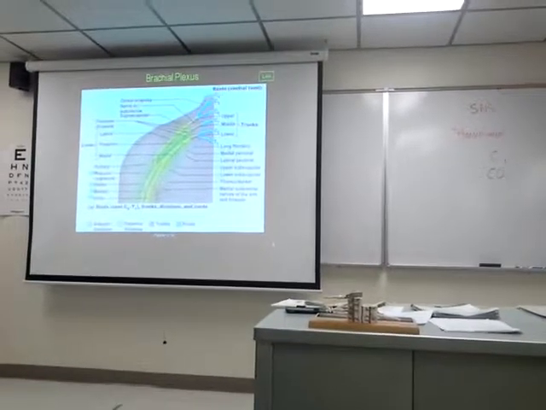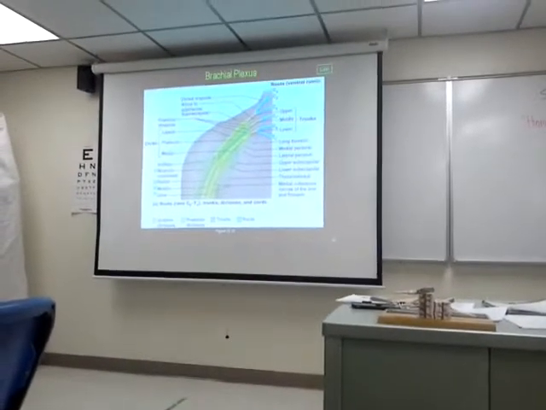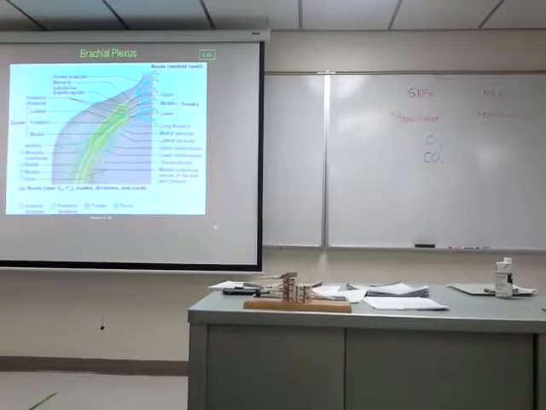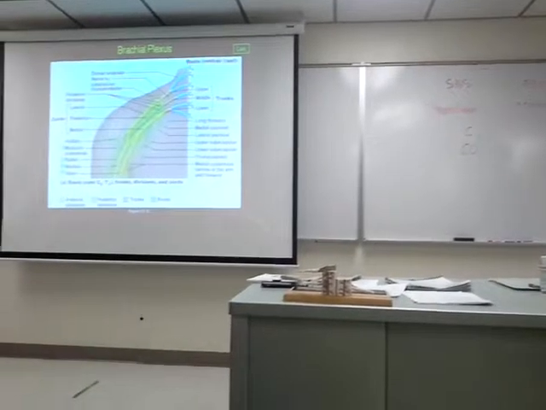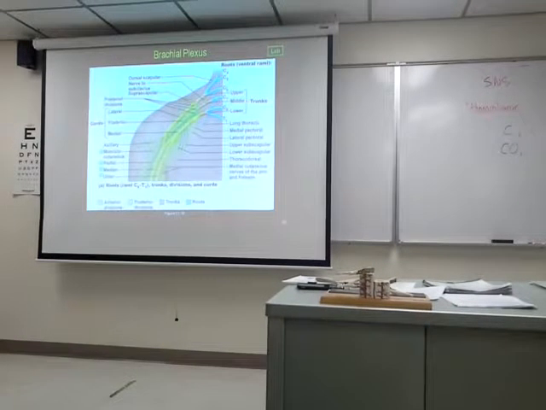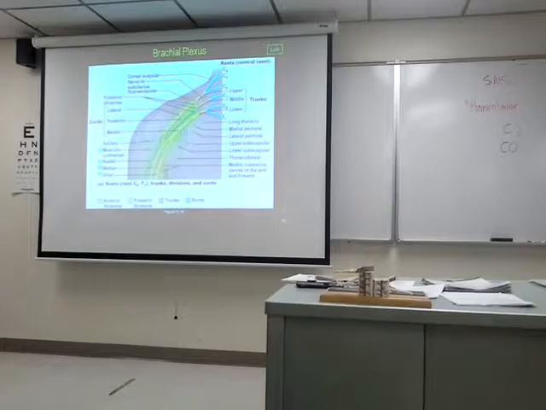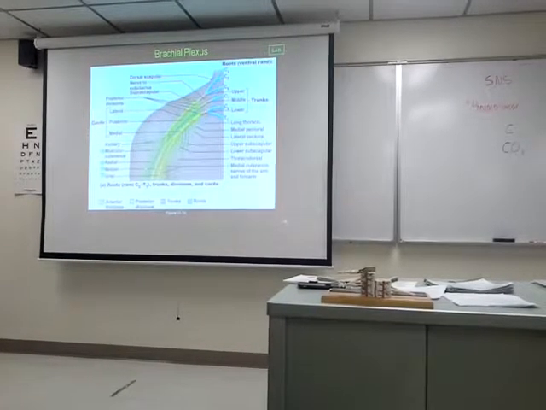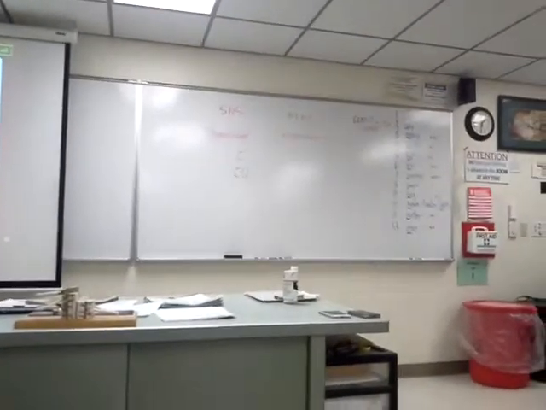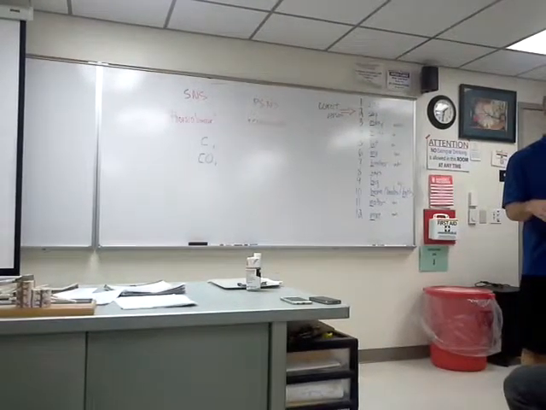Brachial plexus. Ventral rami of spinal nerve C5 through T1. The nerves you need to know from this plexus: musculocutaneous, median, ulnar, radial. You don't need to know specifically what structures each one of those nerves innervate, although you may remember from chapter 10, because it was on the muscle list.